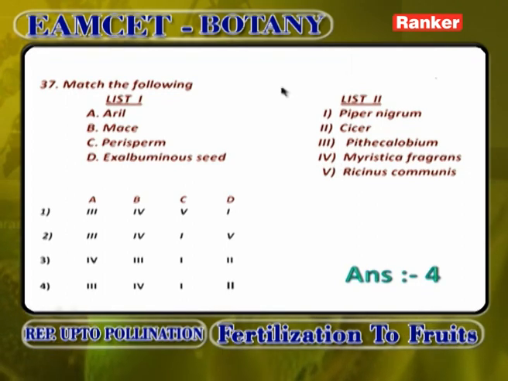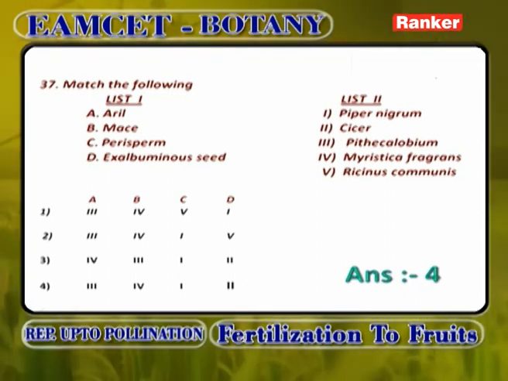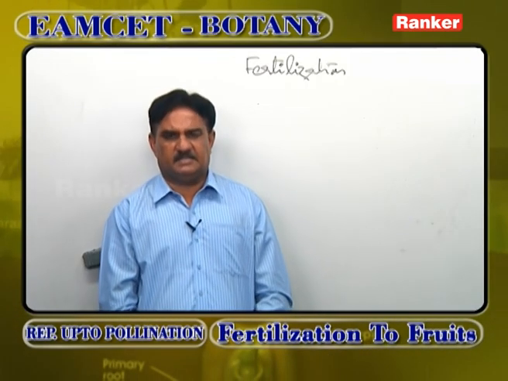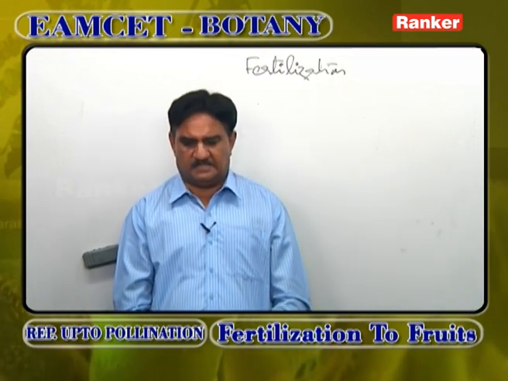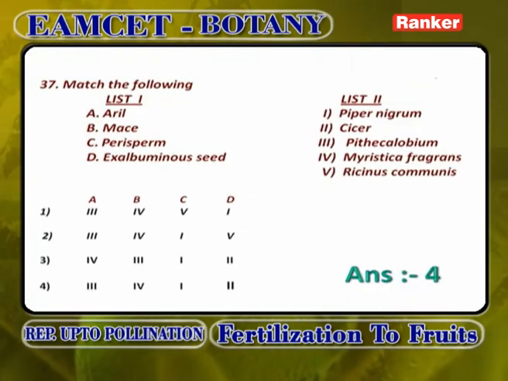Perisperm is the remnant of nucellus, Piper nigrum, C will be 1. Exalbuminous seed means the seed does not possess any endosperm; non-endospermic seed is also called exalbuminous seed. In Caesalpinia, Pisum, Arachis, the food is stored in cotyledons. They are all exalbuminous seeds. So, answer is A3, B4, C1, D2.